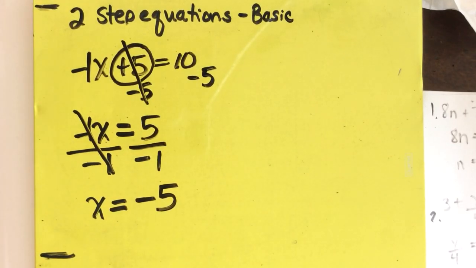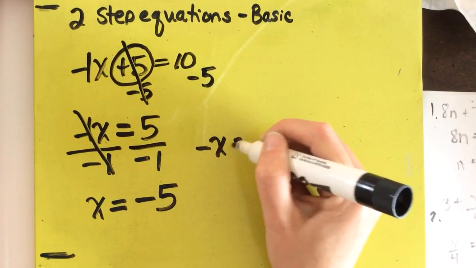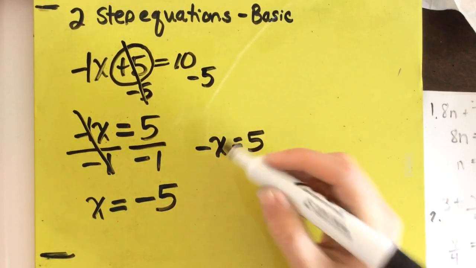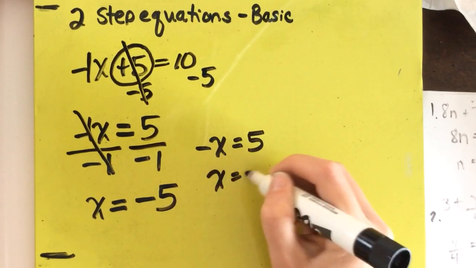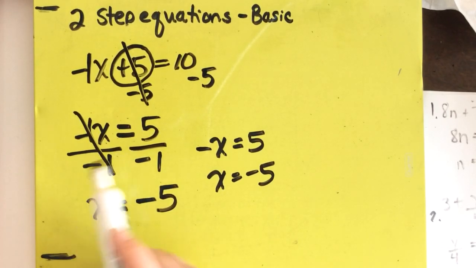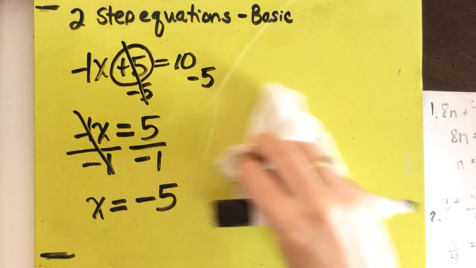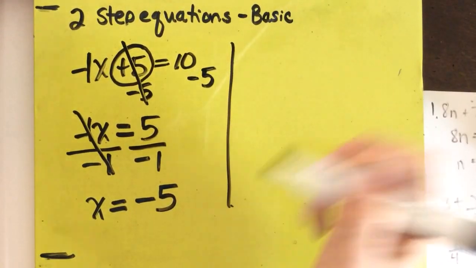So the number doesn't change, but the sign changes in front of it. So whenever you end up with an answer like -x equals 5, all you need to do is move that negative to the other side. But the way that we do that, I just wanted to show you, is you're actually dividing by a -1 on both sides. So we should verify our answer.